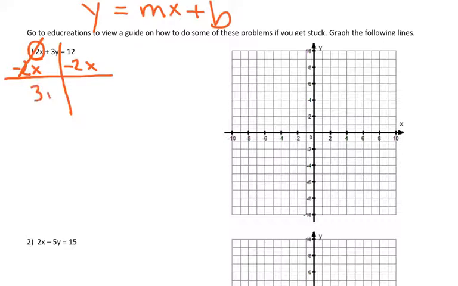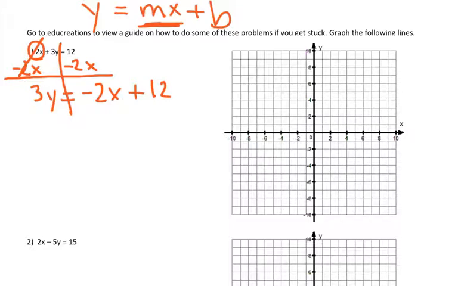I'm left with 3y, and then on the other side I have the 12 and the negative 2x. I cannot combine them, and since I want my x's to come first, I'm going to put negative 2x first, and then plus 12.